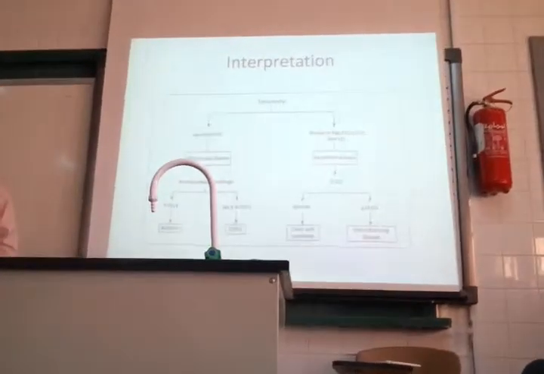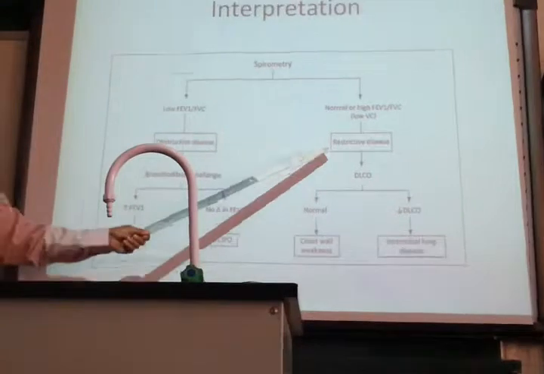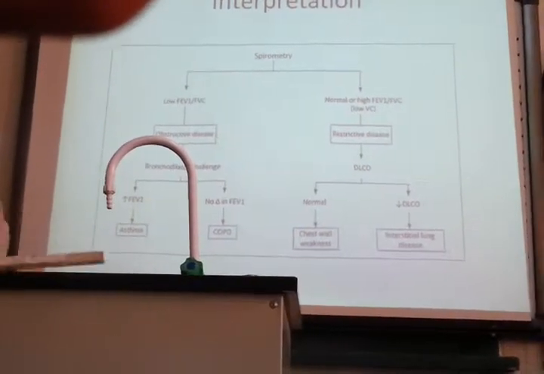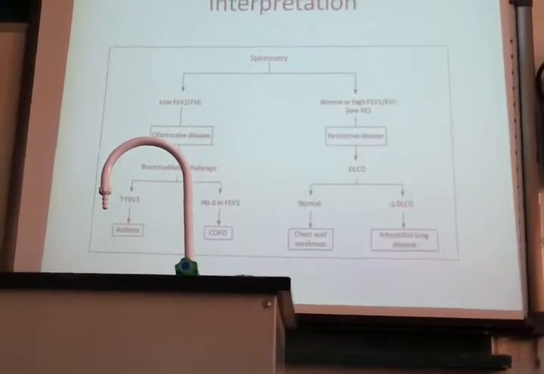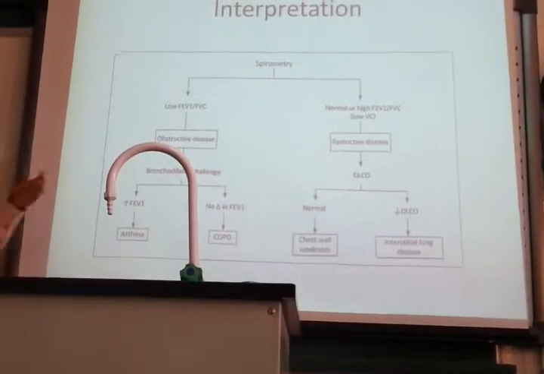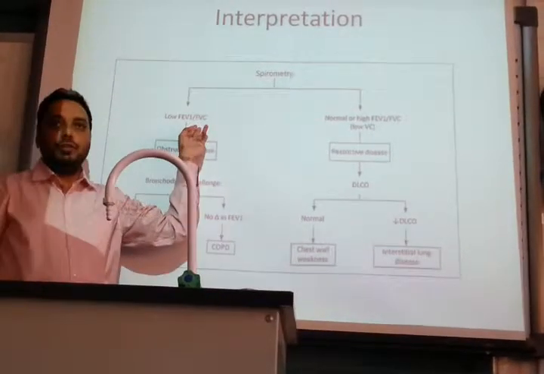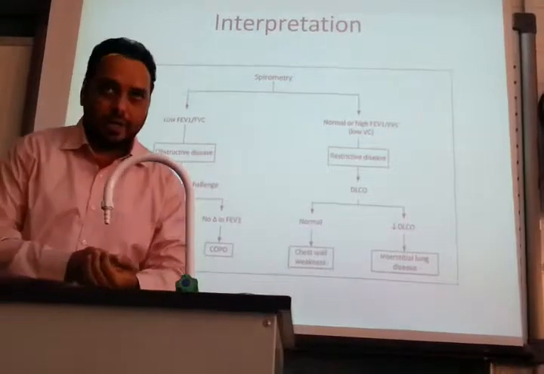Just very briefly about spirometry, obstructive and restrictive, and what we as doctors are supposed to interpret from this and what we do. So we do spirometry and we find out that there is a low FEV1 FVC ratio. FEV1 means the forced expiratory volume of air in 1 second.